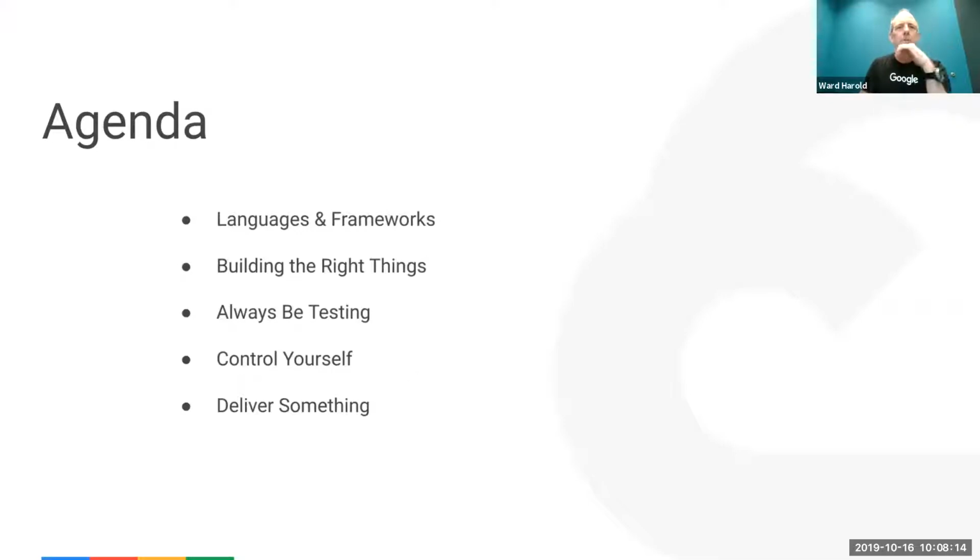Okay, so as far as agenda, there's basically 5 things I wanted to talk about: languages and frameworks at the beginning, and then building the right things, always testing your stuff, and keeping things under control in terms of your source code and your software artifacts.